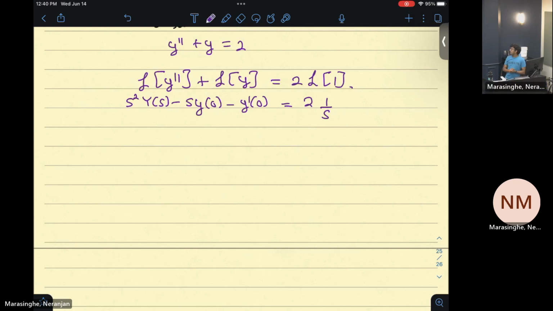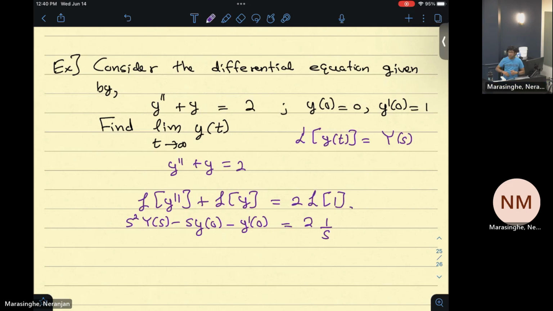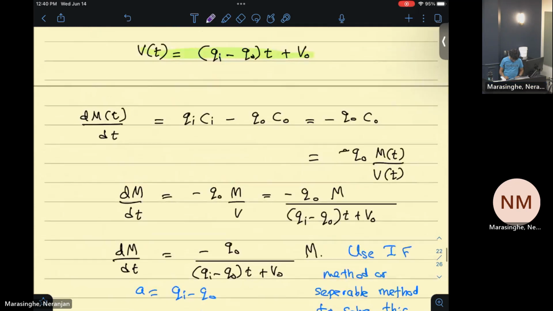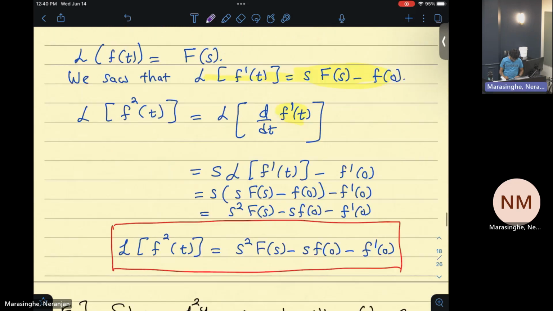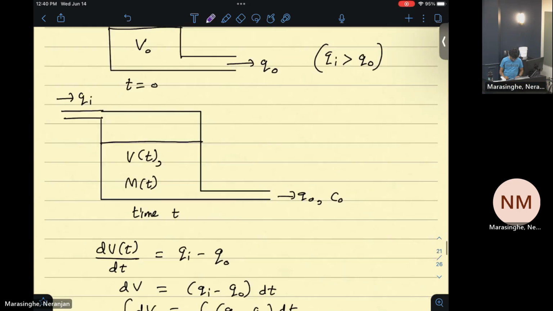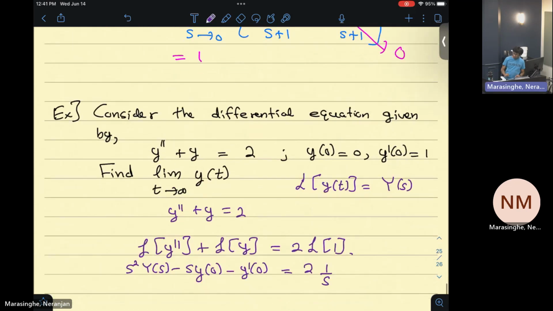Can you try to find Y(s)? Use the y(0) and y dash (0) that I have given. I think I wrote the formula correctly. Try to find Y(s) and then apply the final value theorem.